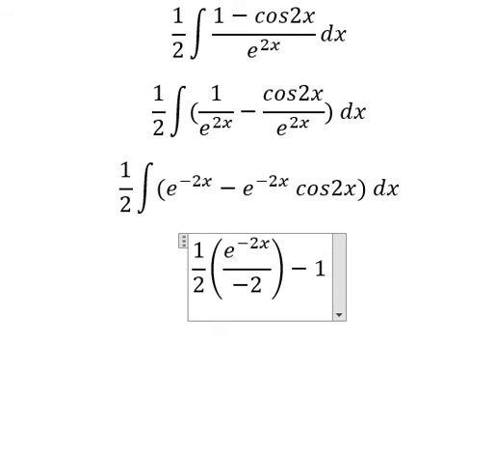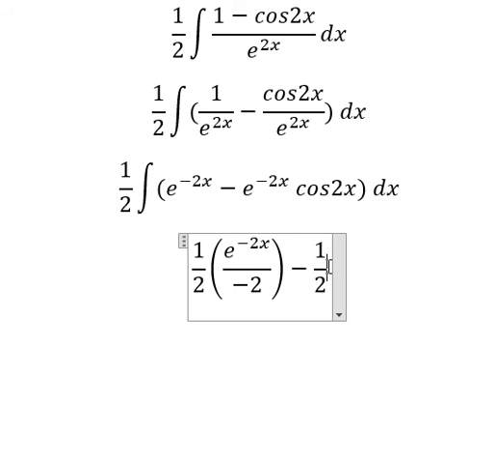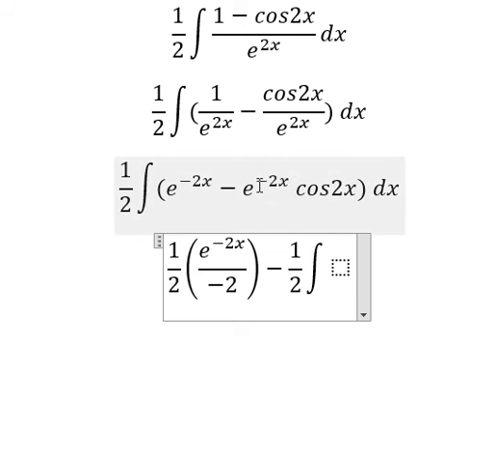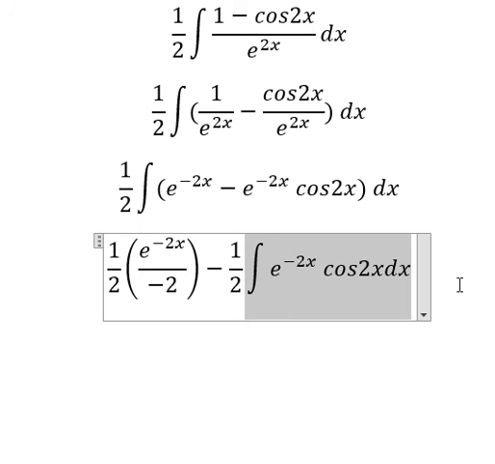And now I will concentrate on this integration. Now I just concentrate on this one only.